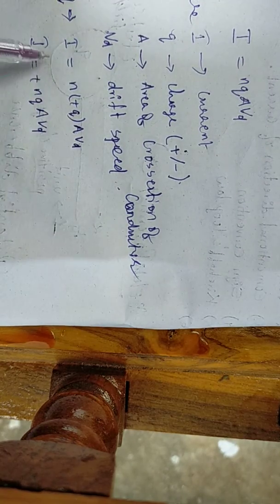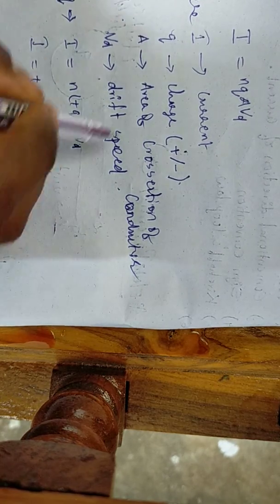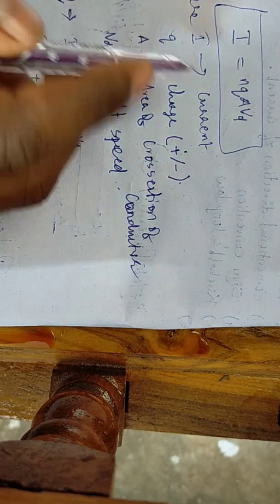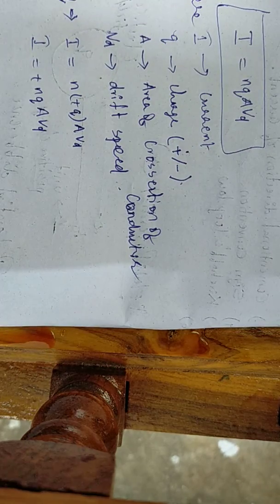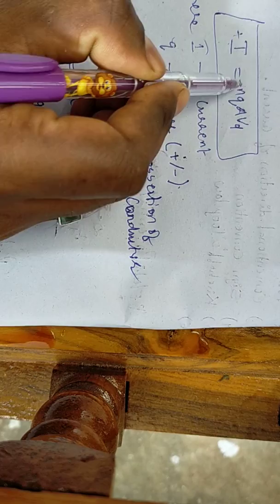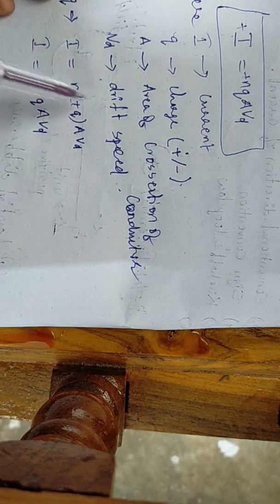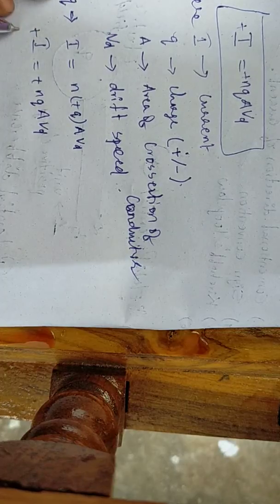Okay, so if you take original equation I equal to NQAVD, both side, left side and right side, both are having same symbol, that is same sign, that is plus. But when you are taking a positive charge plus Q, then also you are getting both sides plus symbol.